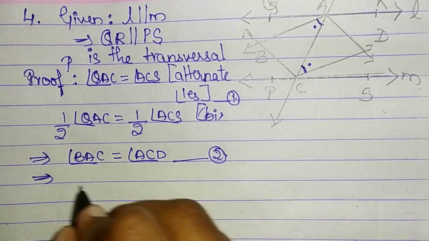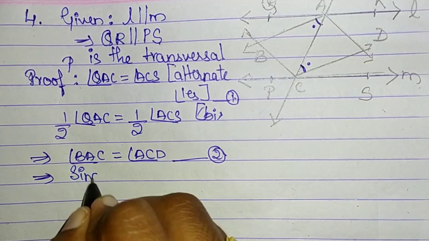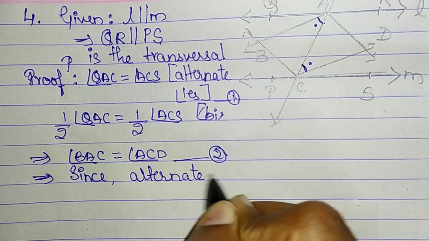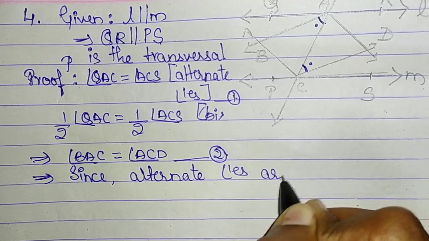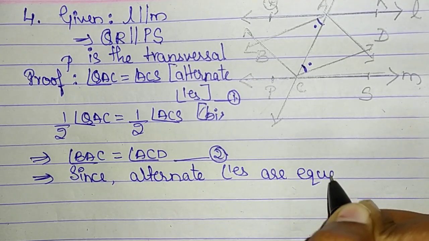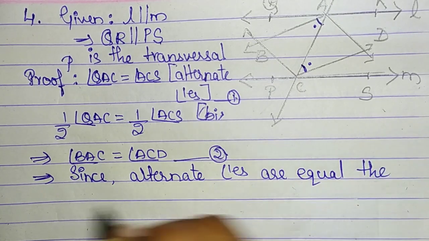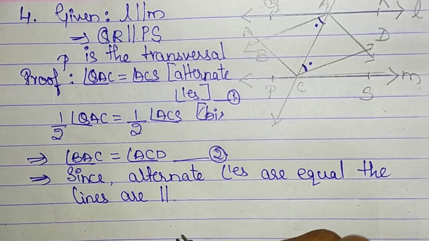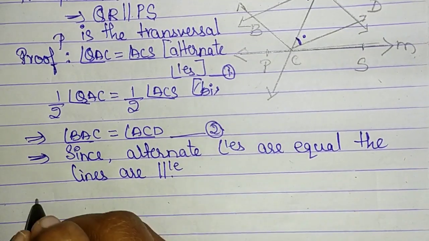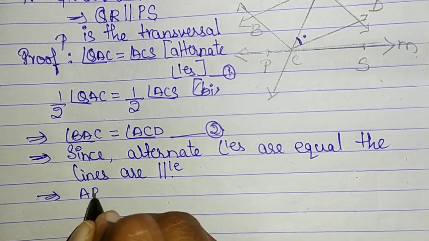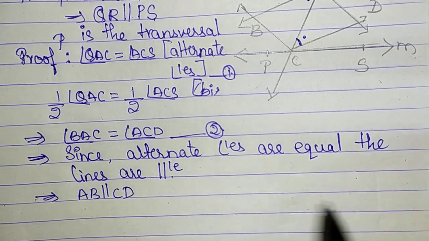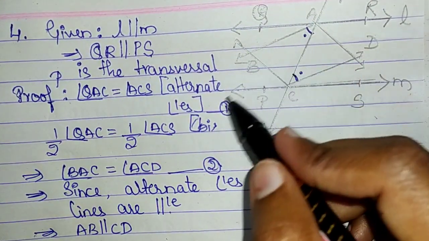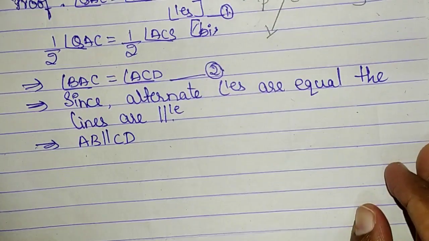So since alternate angles are equal, the lines are parallel to one another. So this implies AB is parallel to CD. Since alternate angles are equal, the lines are parallel. So AB is parallel to CD.